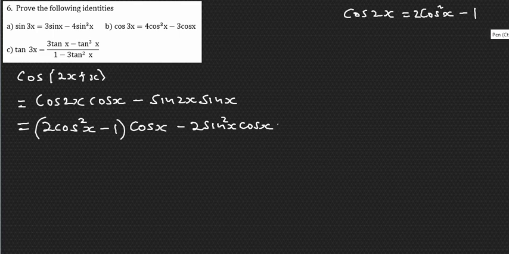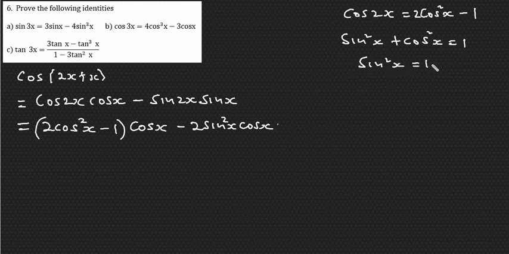Okay, so now from here let us expand this, and you can see before we even expand there is a sine which we don't want, and from the identity sin squared x plus cos squared x equal to 1, it means that sin squared x will be 1 minus cos squared x.